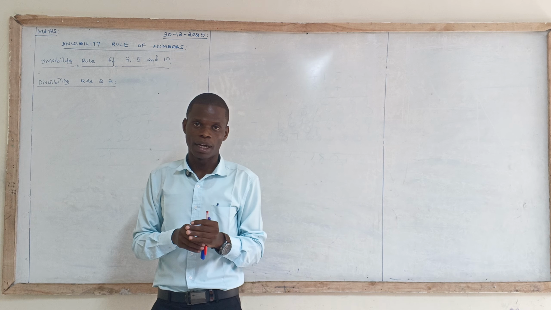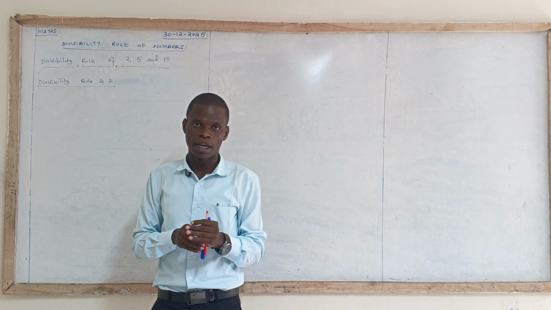Correct. We look at the last digit. The last digit must be 0 or the last digit must be 5. As simple as that. So, can you write that? Let me write as you write.